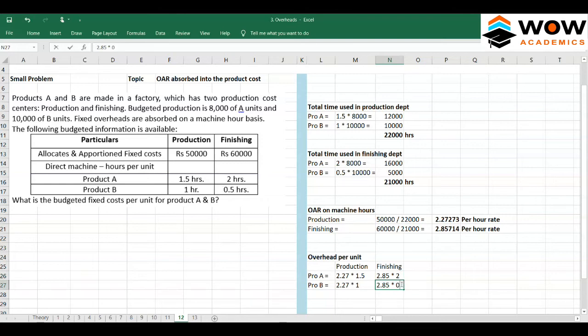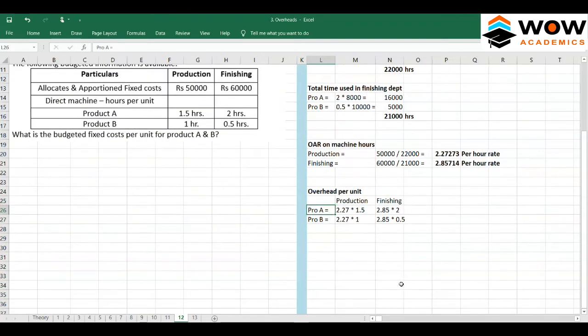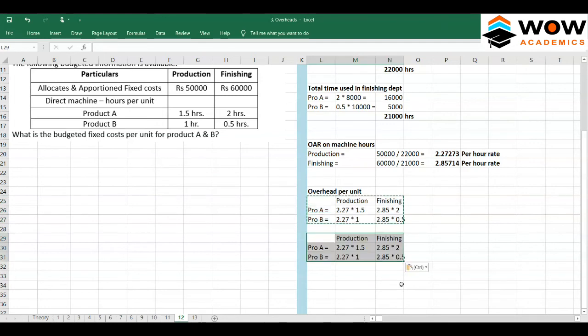So we'll get the answer. So we'll try to convert them. If we convert, we get an answer like this. We'll convert them here.